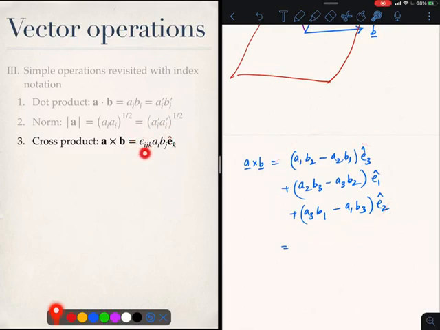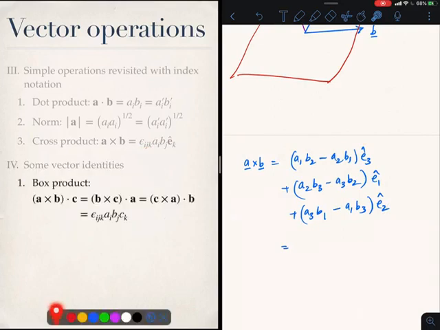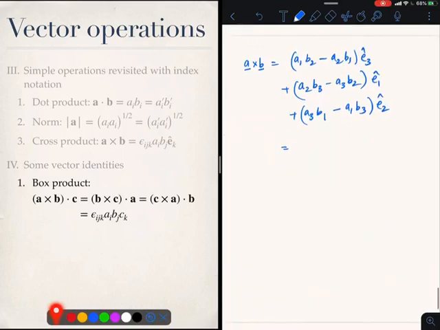I hope you recall this was the alternating tensor. So here are a couple of vector identities that you are familiar with, which we will write down using index notation. One is the box product, which says that A cross B dot C is equal to B cross C dot A is equal to C cross A dot B, and this really is the volume of a, sorry, let me draw a better picture.